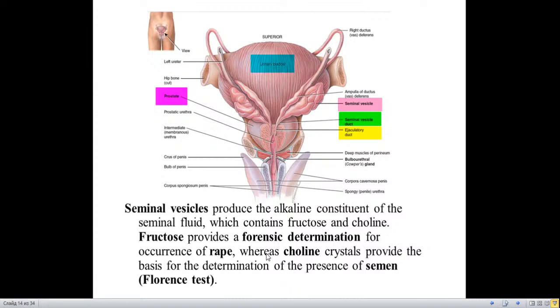The secretion of the seminal vesicles is rich in fructose. So fructose provides a forensic determination for occurrence of rape, whereas choline crystals provide the basis for determination of the presence of semen, the so-called Florence test.